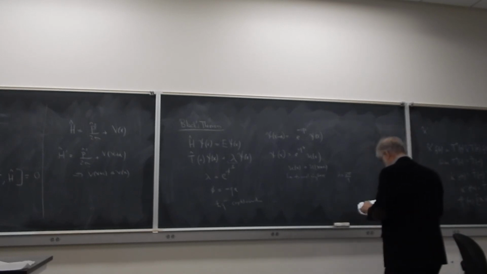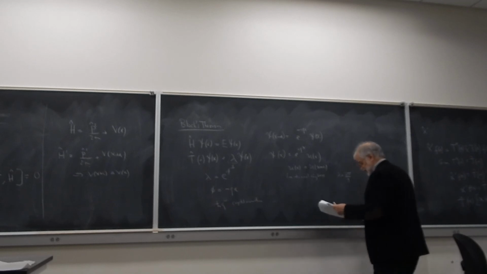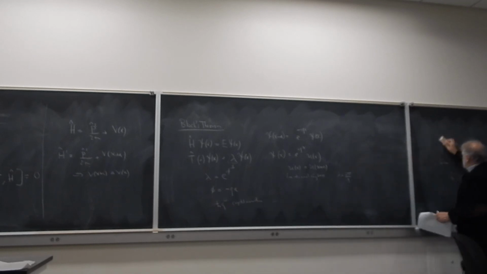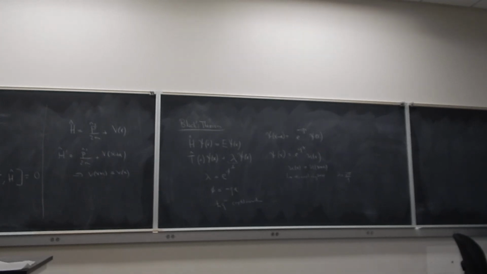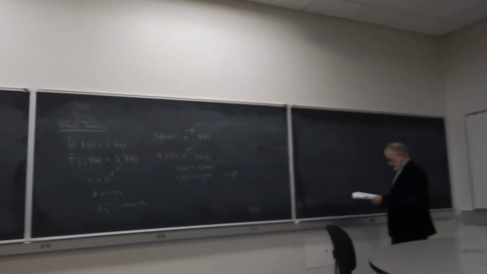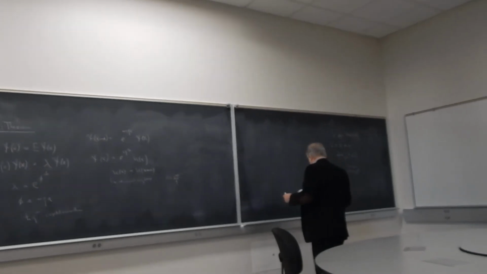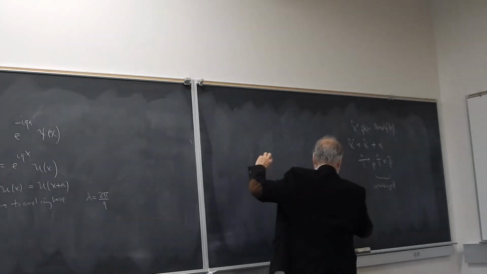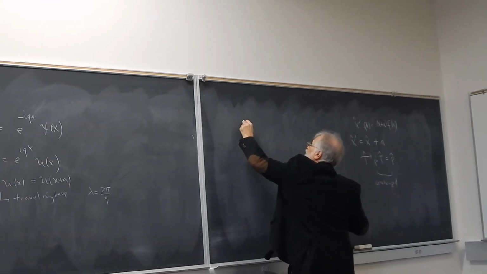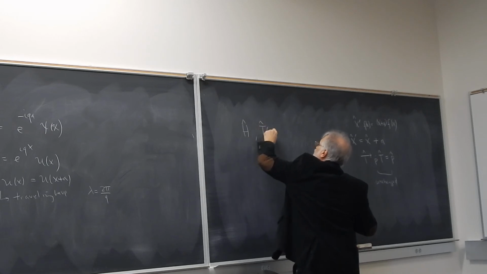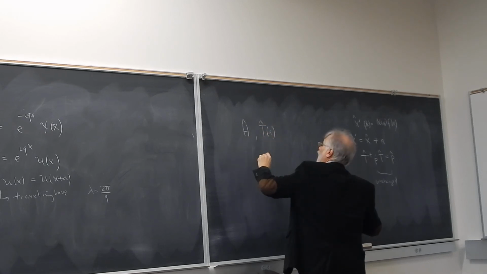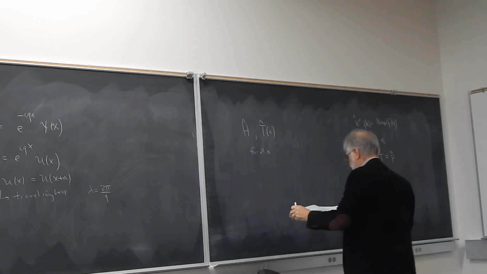We can also talk about continuous translational symmetry and momentum conservation. So that was discrete. Let's talk about continuous. If the system has continuous translational symmetry, then H commutes with T of a for all a, regardless.